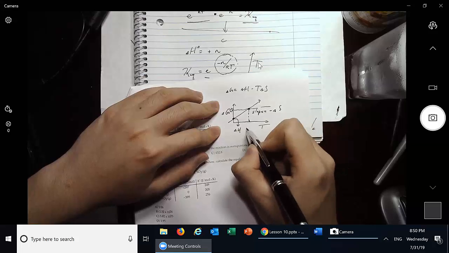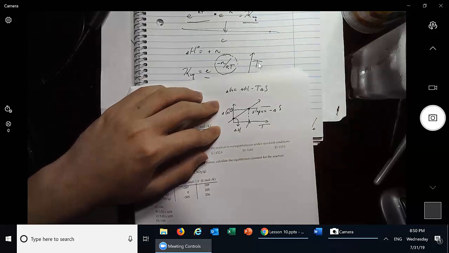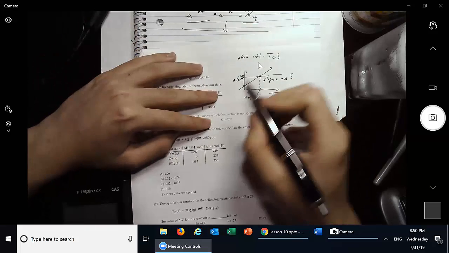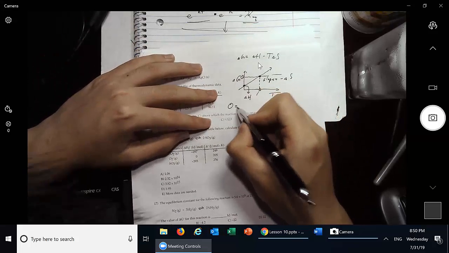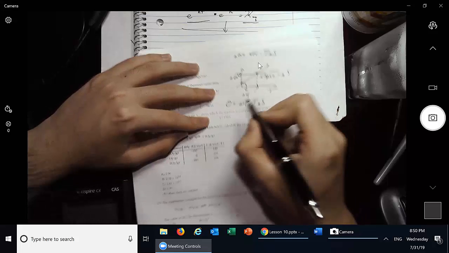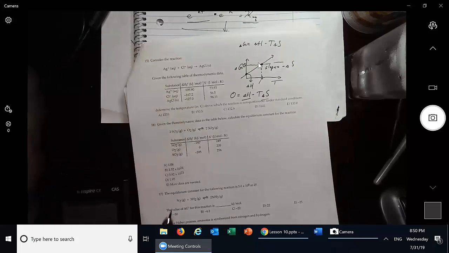We want this temperature. This is very easy to do. All we need to do is set delta G equals 0, then solve for delta H, delta S, and calculate temperature.